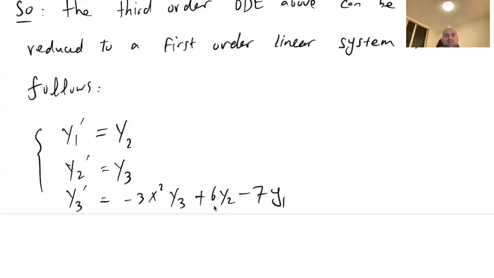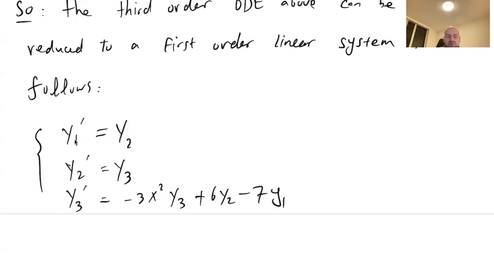So this is called a first order system of ODE, and it's a linear system of ODE because each of these equations is linear. If you look at each of these equations, there is no power. The only power that appears is for x, which we are allowed to have a power of x, even for a linear ODE. But we are not allowed to have powers of unknown functions.